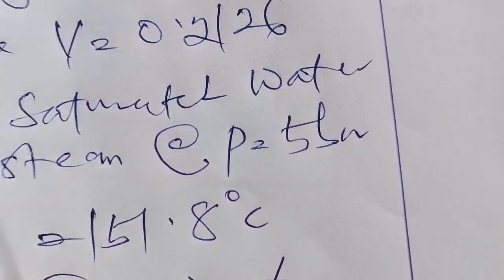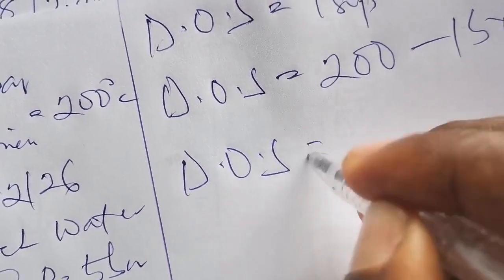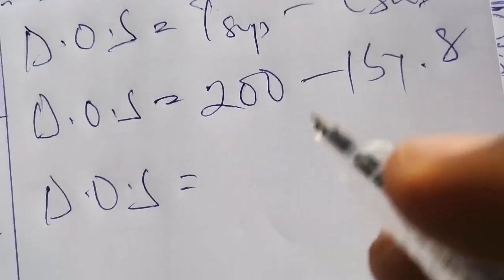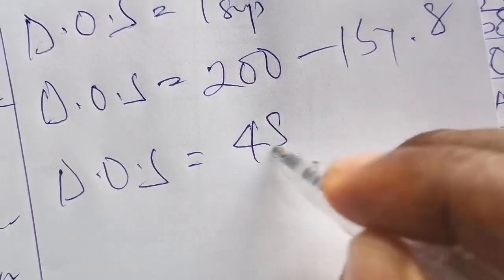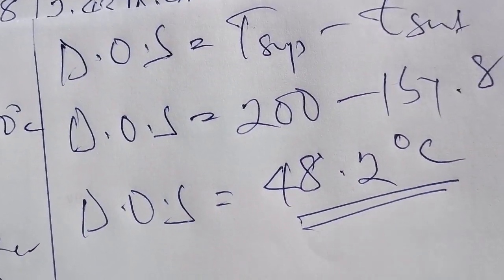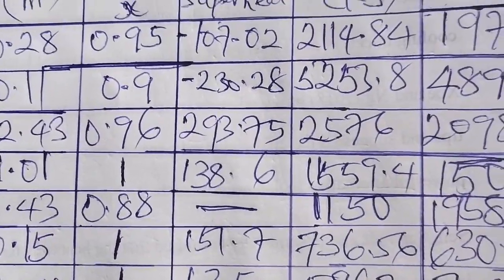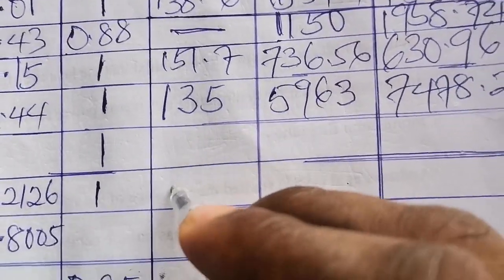Saturation temperature is the temperature at the pressure, which is 151.8. So simply subtract the two. That gives us the degree of superheat as 48.2 degrees Celsius. So let's fill that up: 48.2 here.